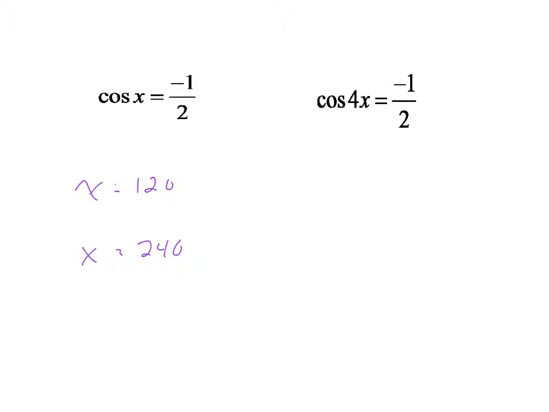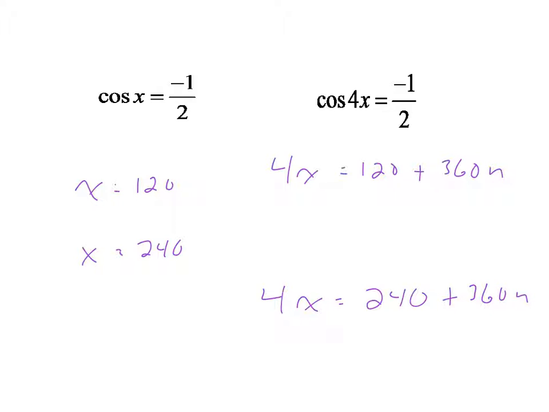I'm going to do the same thing on this side, but now I don't have x, I have 4x, so 4x is equal to 120. I'm going to add my period, 360n. I'm also going to have 4x is equal to 240 plus 360n. I'm going to switch colors to blue. I'm going to divide everything this time by 4.